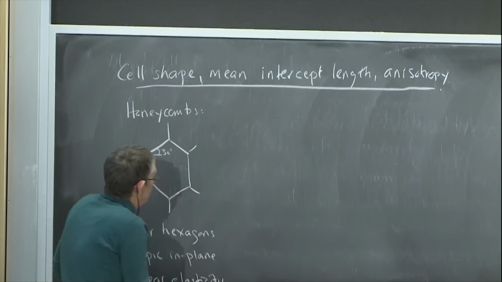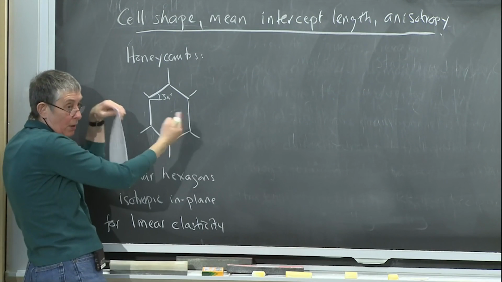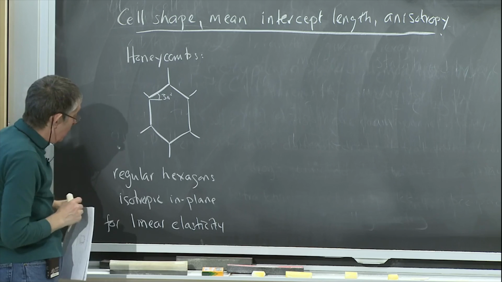So one of the things we're going to do is calculate, if I load it this way on, what's the Young's modulus? If I load it that way on, what's the Young's modulus? And we're going to find they're the same. In fact, no matter which way on I loaded it, it would be the same.